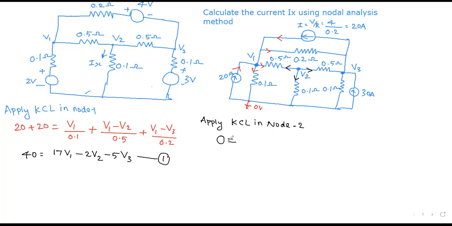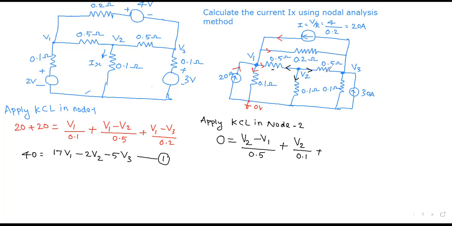Now, for node 2, we don't have any current sources connected directly to the node, so it is equal to 0. For the 0.5 ohm resistor connected between 2 and 1, V2 minus V1 divided by 0.5. This is the current value of this 0.5 ohm resistor. Then for the 0.1 ohm resistor, simply it is V2 by 0.1.